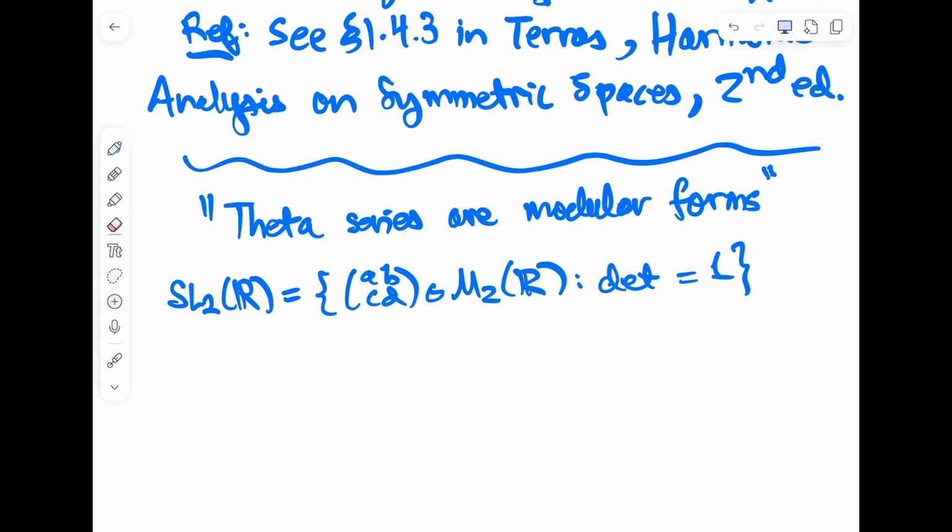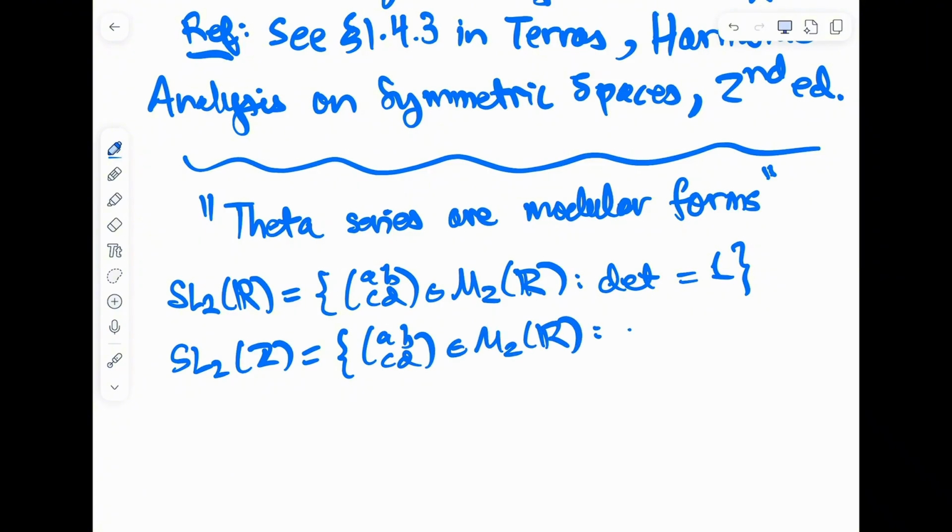And then inside of it is the subgroup SL2Z, which are the 2 by 2 integer matrices with determinant 1. Of course, you can always extend this to higher dimension, but we're not going to worry about that. The relation of SL2Z to SL2R is like Z inside of R, a sort of non-abelian analog. There are all kinds of interesting properties of these groups, in particular SL2R.